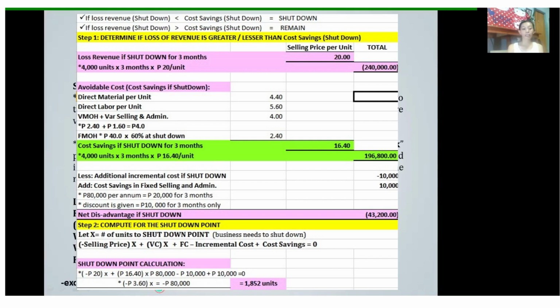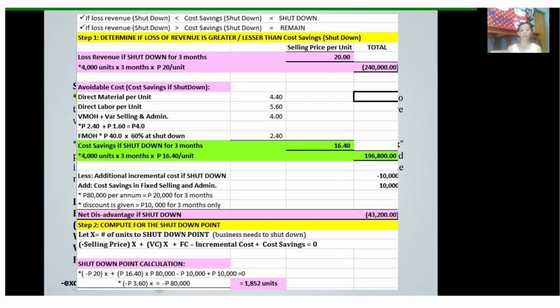We divide by 3.60 to calculate for X. So X therefore, if we divide it, goes with 1,852 units. That's the shutdown point. So if the production rate of Brunei per month gets that low, then that's the shutdown point.